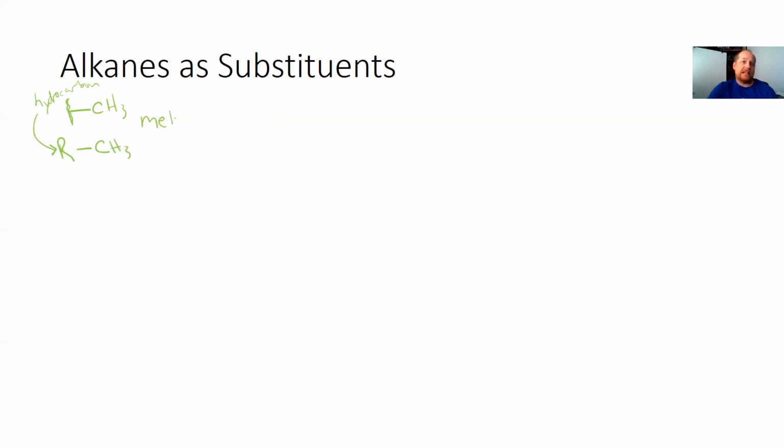M-E-T-H-Y-L, methyl. So methyl is going to be the substituent name, okay? If you were to have something like an R, some sort of a hydrocarbon bonded to a CH2CH3, that would be an ethyl, E-T-H-Y-L.